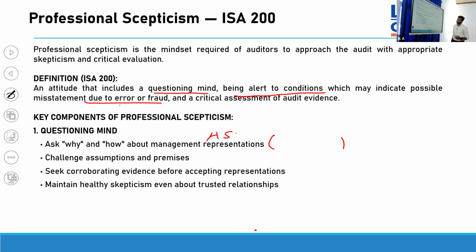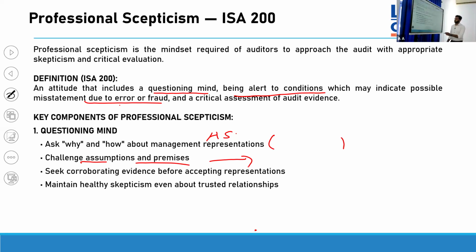So we should ask why, how this happened. Do you have any supporting documents regarding this? Likewise, we need to ask questions from them, right? Challenge assumptions and premises. We must challenge management regarding their assumptions, estimates, and policies and all. If we know that is wrong, then we must challenge them, right?